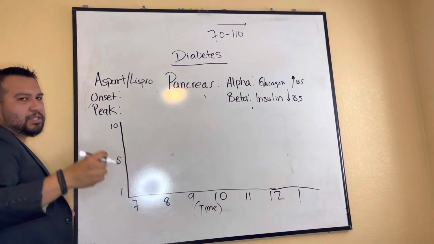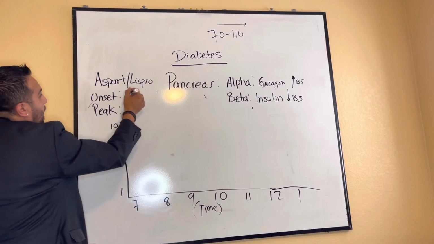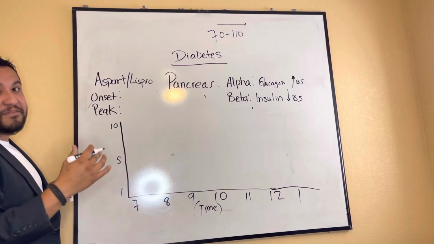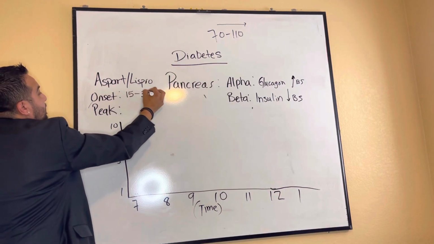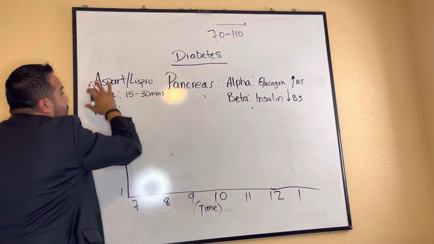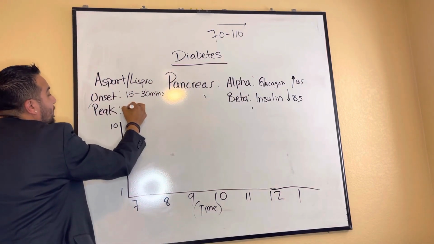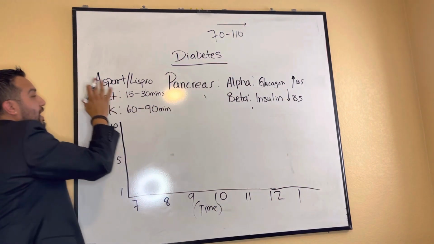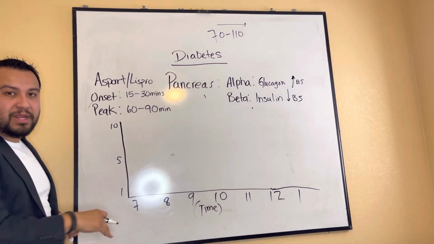Now, make sure you look at your books to see what specific time frames they give you, but in a nutshell, the onset of aspart and lispro, I've seen some books that say as early as 5 minutes, but I'm going to go with the generalization: 15 to 30 minutes. That's usually the onset of your aspart and lispro. Your peak time is 60 to 90 minutes. So you see how the onset and the peak time are slightly different from your regular insulin.